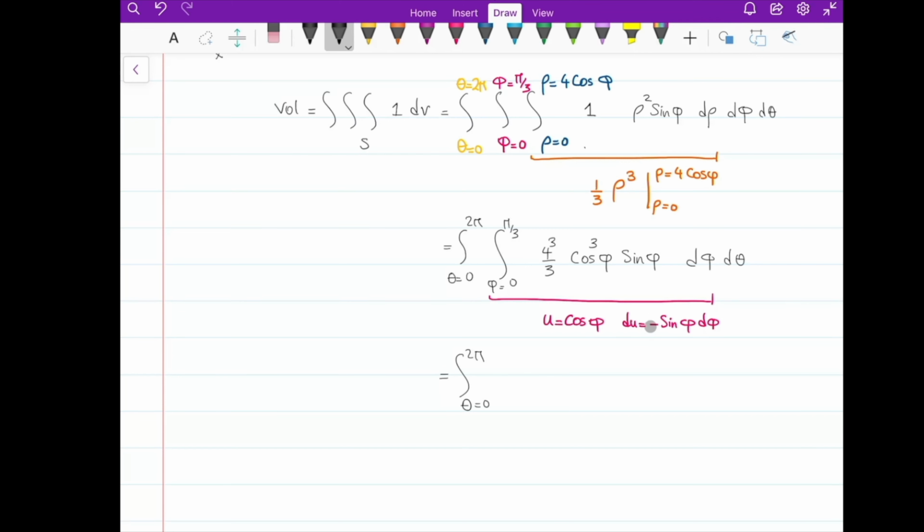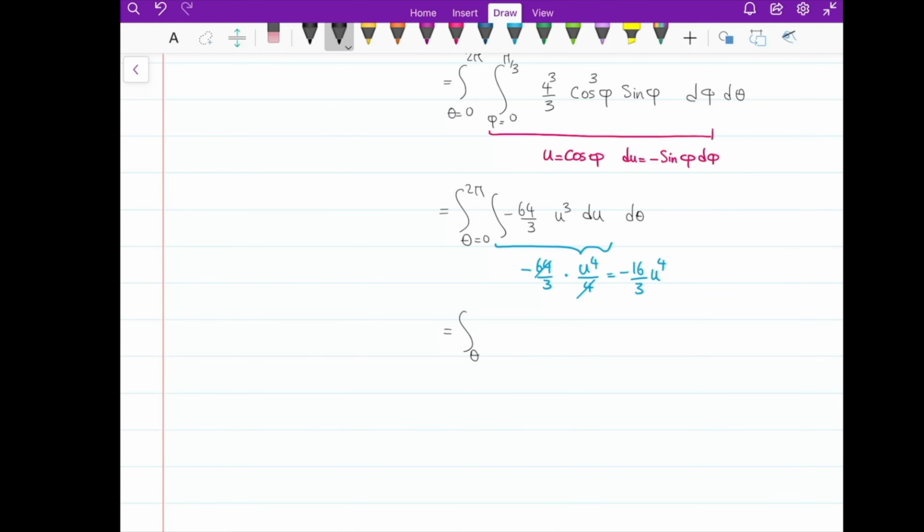I have a negative sign in here, so negative 64 over 3, and then I get u cubed, and sine phi d phi would be du. I'm not gonna change the bounds, so I remove the bounds, and later on I'm gonna add the bounds. So this integral would be negative 64 over 3 times u to the power of 4 over 4. Let me simplify that: negative 16 over 3 u to the 4.